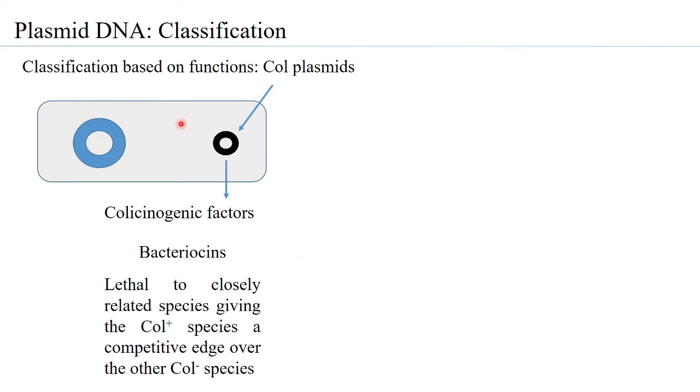That means this bacteria, because it is releasing these bacteriocins, can kill the other closely related bacteria. So because this bacteria has this Col plasmid, it has a higher chance to survive than the others. It has a competitive edge over all the other bacteria that did not have the Col plasmids.